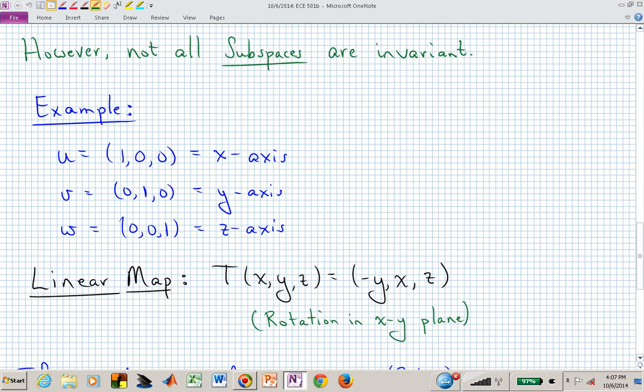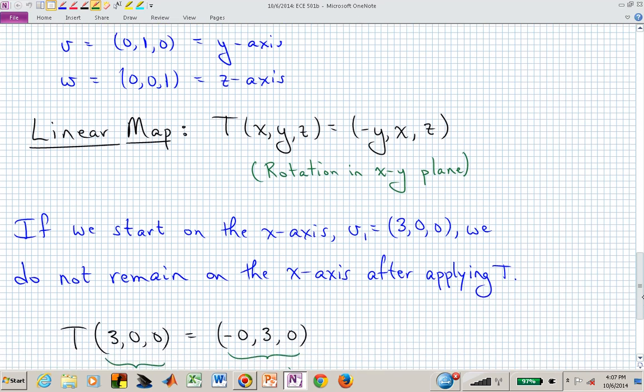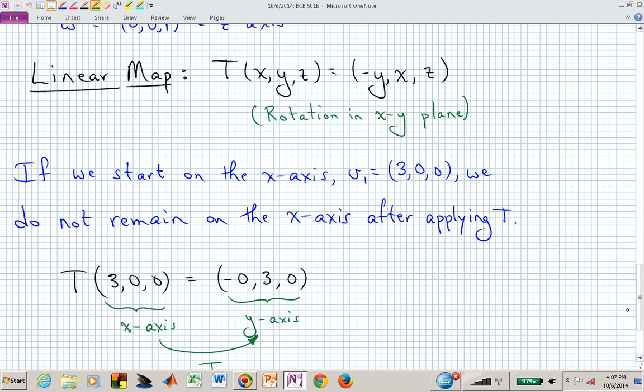With that linear map, it's not going to necessarily maintain or have invariant subspaces in the real number field. If we now start on the x-axis, let's say we're out at 3, 0, 0 in the R3 space, then operating on it with that rotational map, that linear map, maps now from the x-axis up to the y-axis.